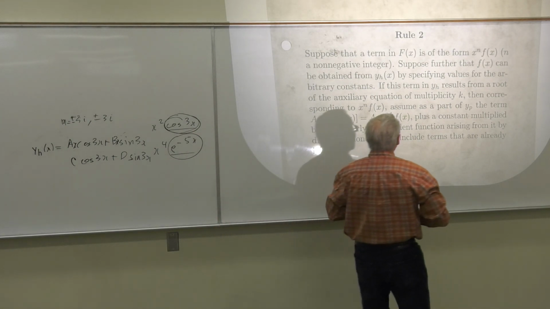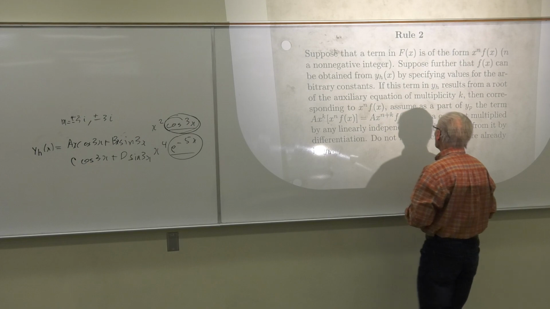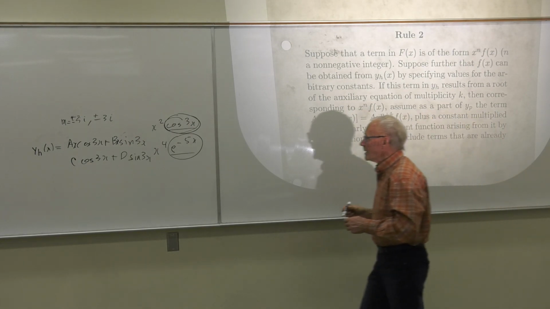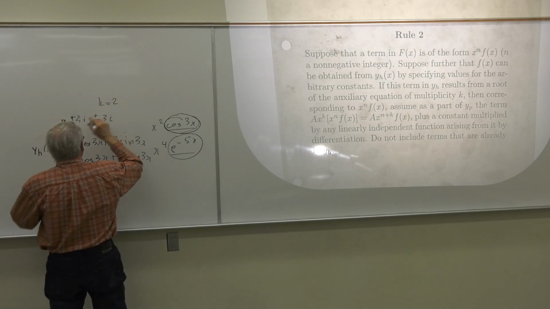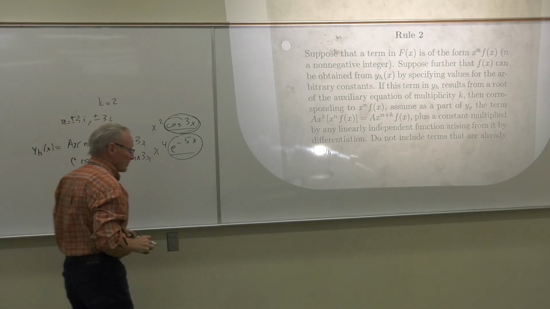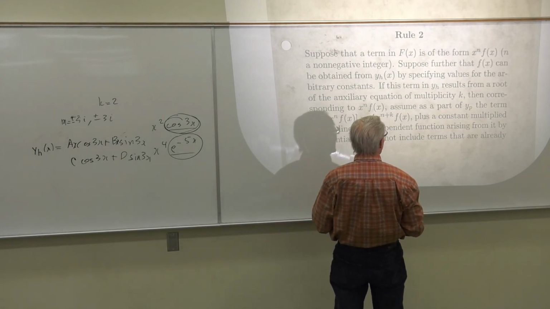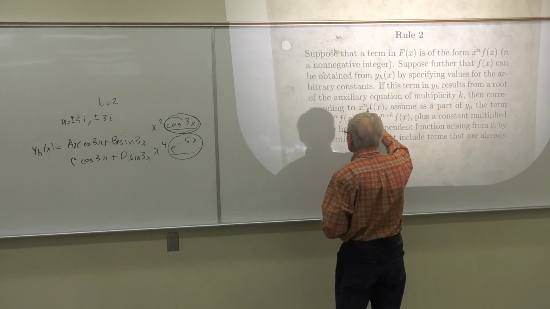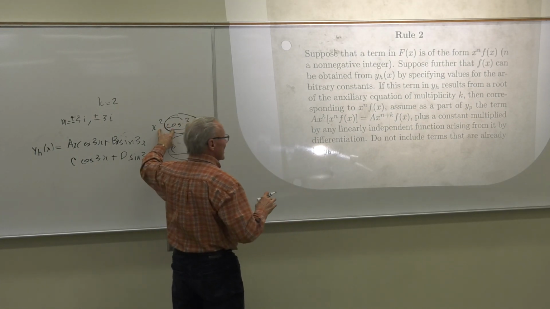It says, if this term in y sub h results from a root of the auxiliary equation of multiplicity k, so here the multiplicity is 2. Each of these guys is multiplicity 2. Then corresponding to this guy, we want to write down what the particular solution is going to look like for him.